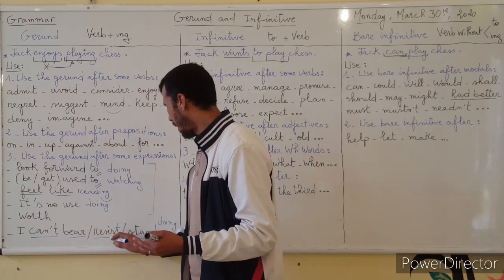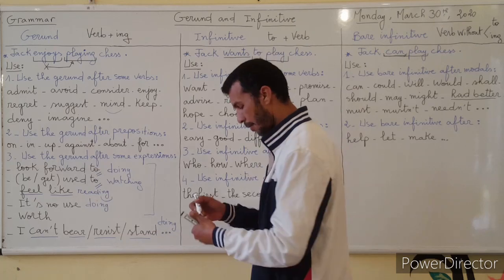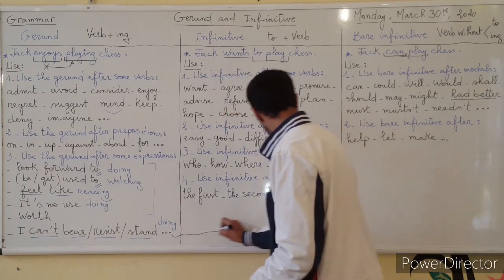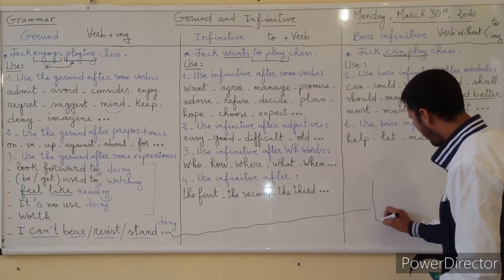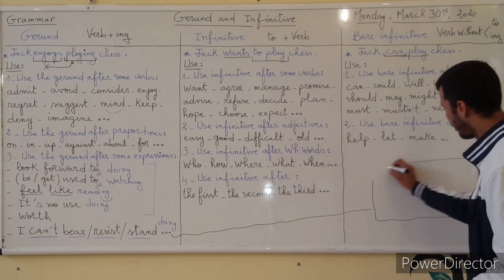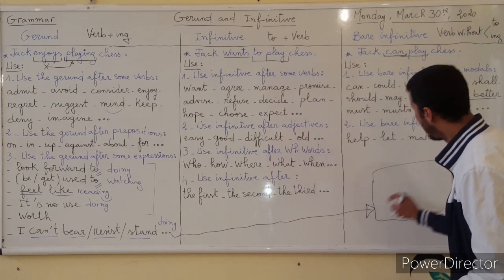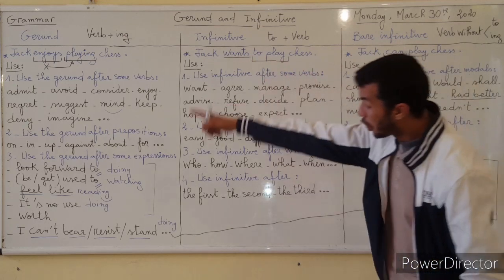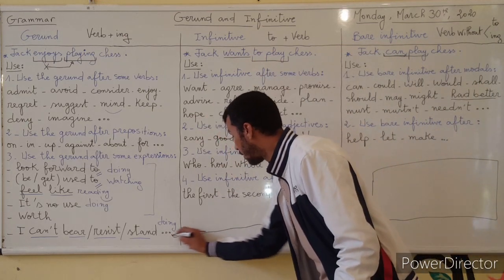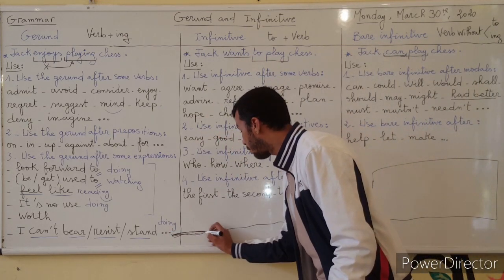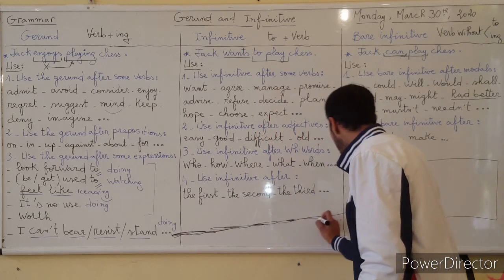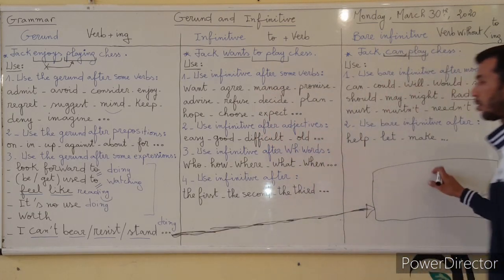I can't help, or I can't resist, or I can't stand. I'm going to write it here. As I mentioned, this is not about bare infinitive, it's about gerund. Since I don't have any space there, it's better to write it here.